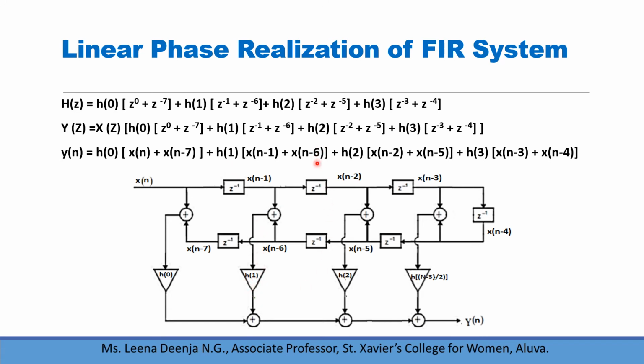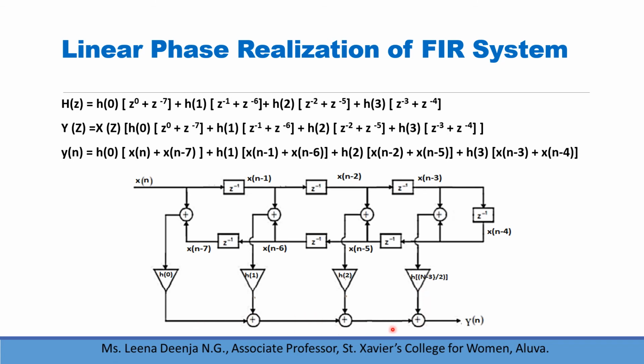Then for the third term, we want to combine x of n minus 2 and x of n minus 5. So they are added together and we multiply it with h of 2. And for the last term, x of n minus 3 and x of n minus 4, they are added and multiplied with this h of 3.